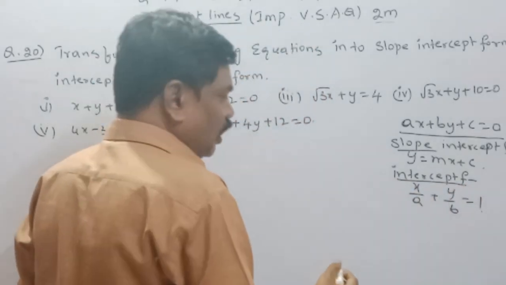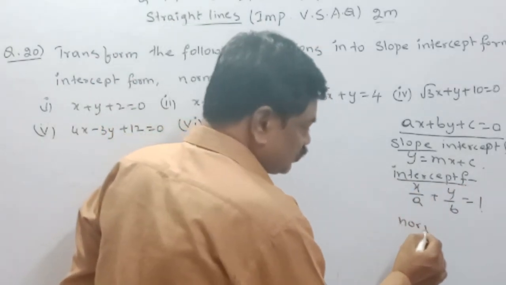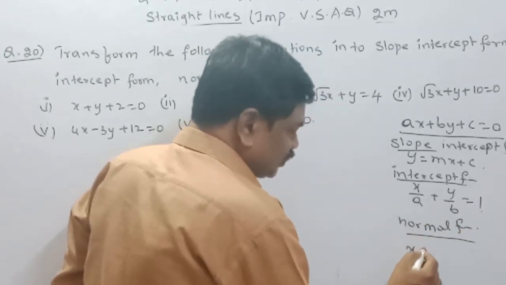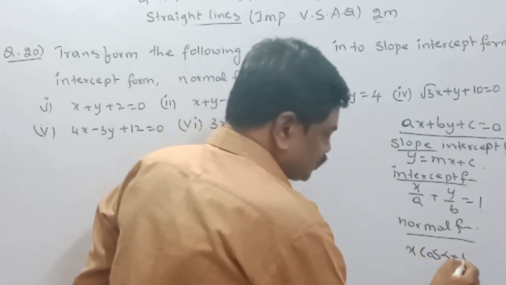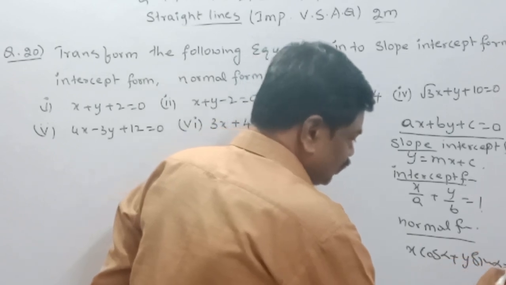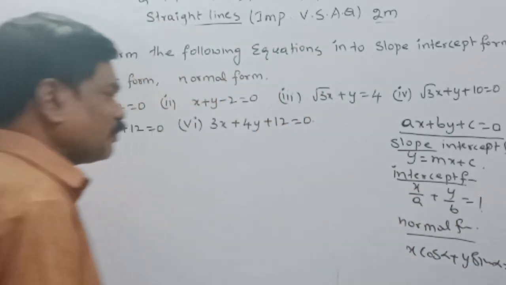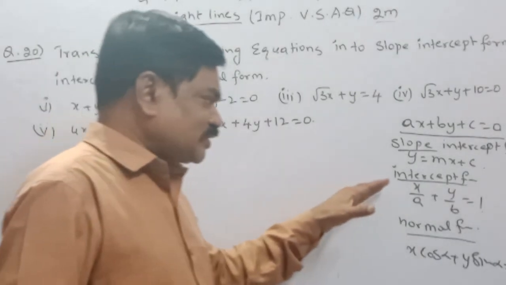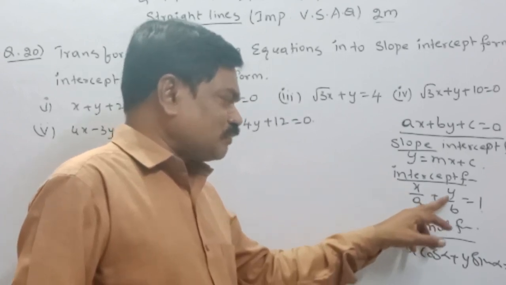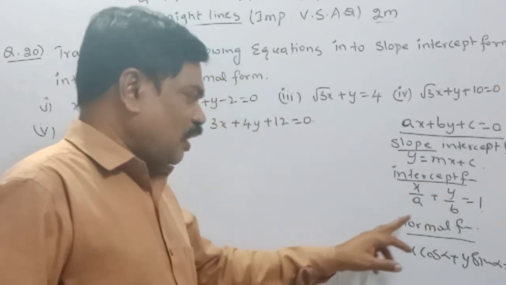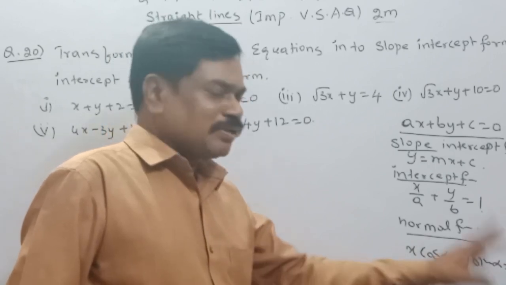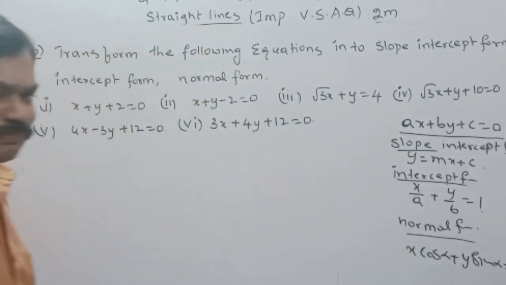Next, the normal form, that is x cos alpha plus y sin alpha is equal to p. Slope intercept form: y is equal to mx plus c. Intercept form: x by a plus y by b is equal to 1. Normal form: x cos alpha plus y sin alpha is equal to p.